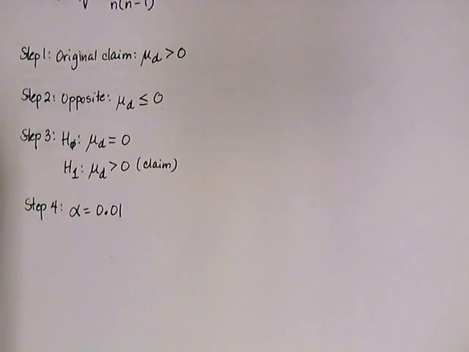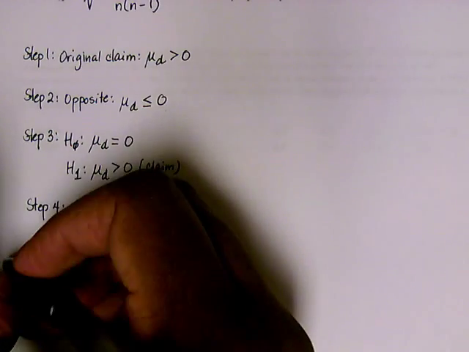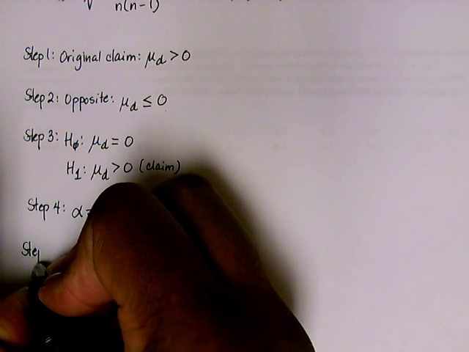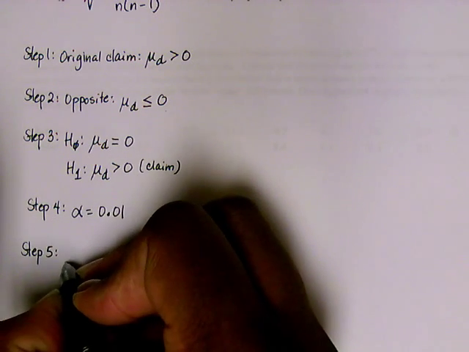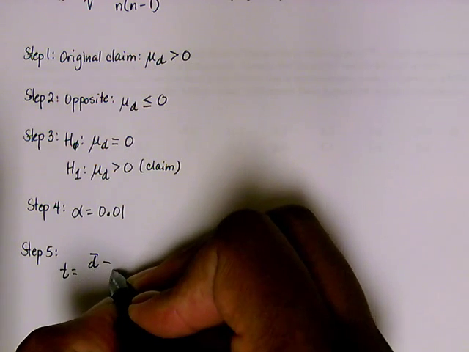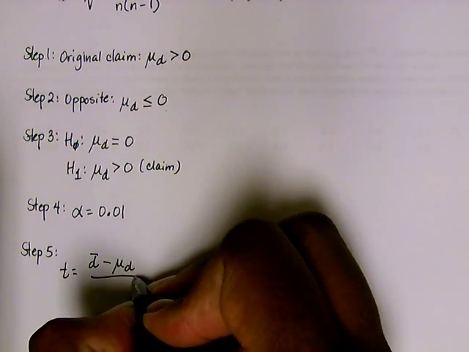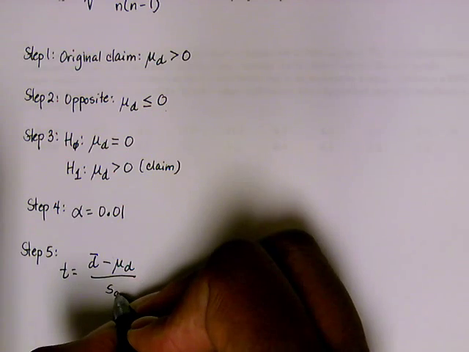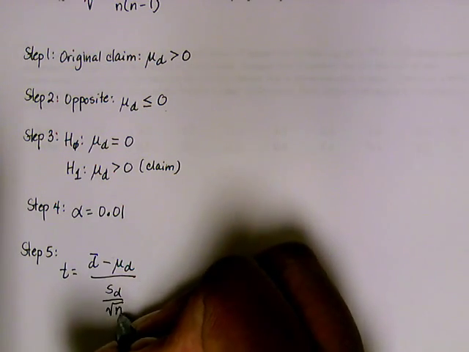Now step number 5 is your test statistic. That's t is equal to d bar minus mu sub d, all over s sub d divided by the square root of n.